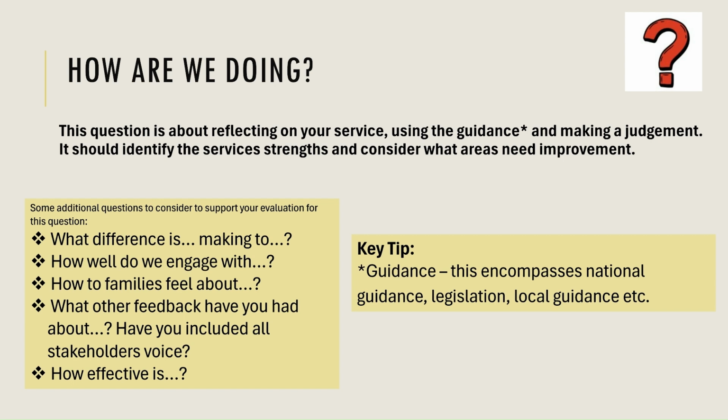This is where we judge ourselves against the standard, not just how we feel how something's going or plucked out of thin air, where we judge ourselves against local guidance, setting policy, national policy, stakeholder voice.